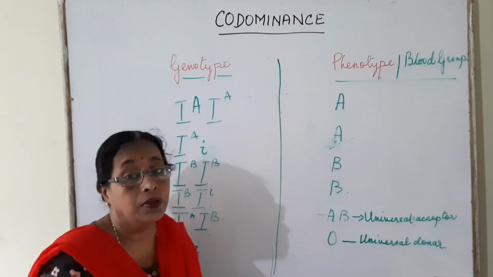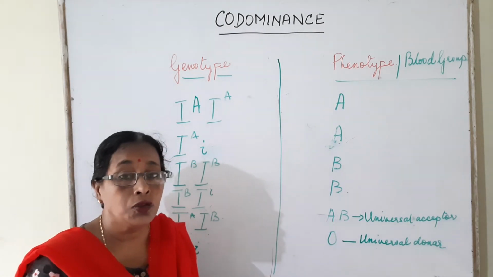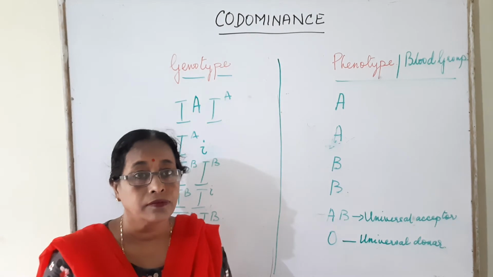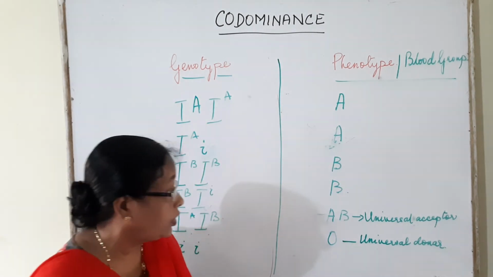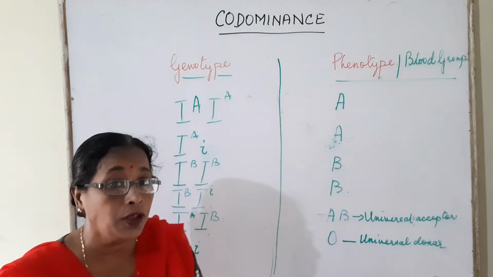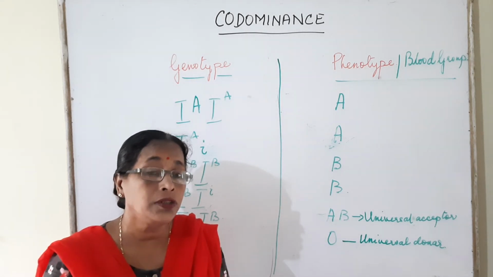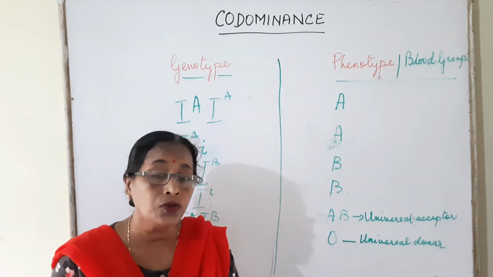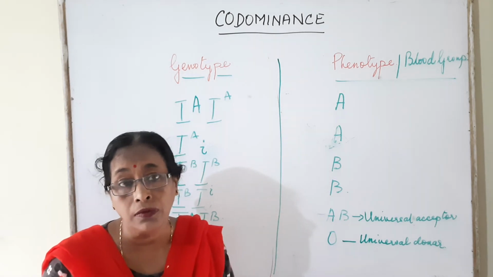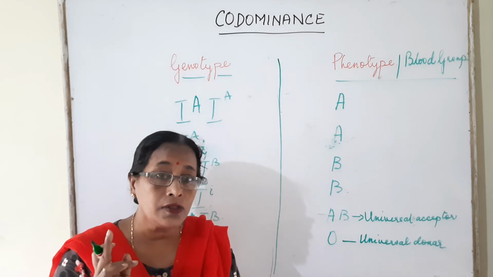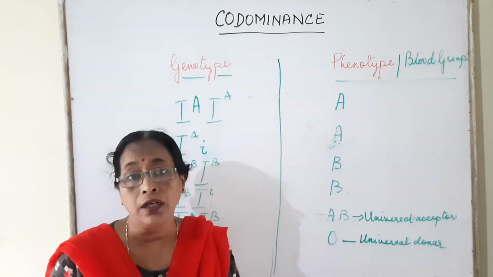The blood group ABO also shows multiple allelism. So we can say that the blood group ABO of human beings, other than depicting codominance, also shows multiple allelism because it exists in 3 allelic forms, that is IA, IB and i.